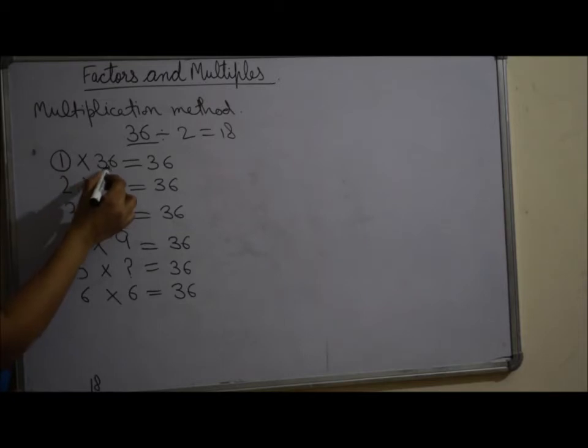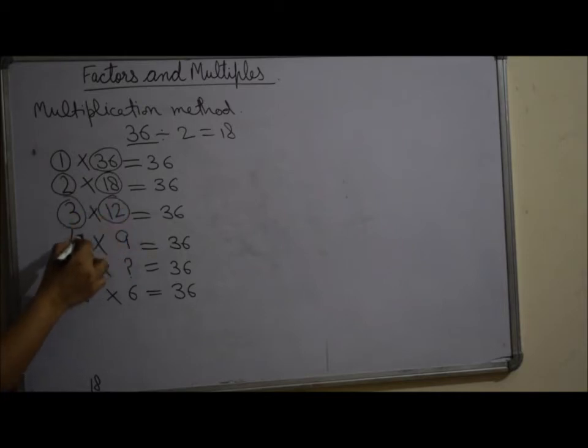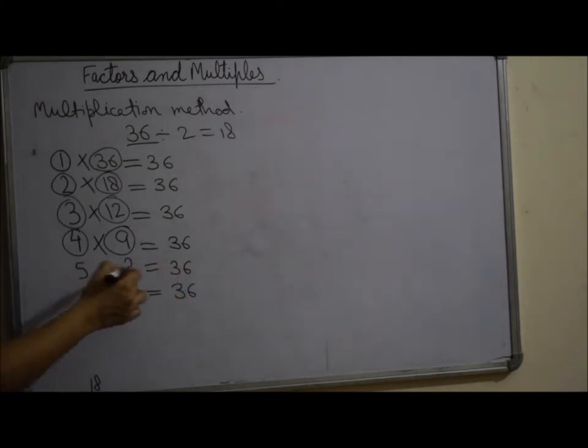Now pick up all the numbers which you could multiply with another whole number to get 36. We could multiply 1 with 36, both are whole numbers, so we'll pick both the numbers. Then 2 into 18, 3 into 12, 4 into 9. We could not get any whole number which when multiplied with 5 could give 36, so we'll not pick 5. And 6 into 6, so we'll pick 6.